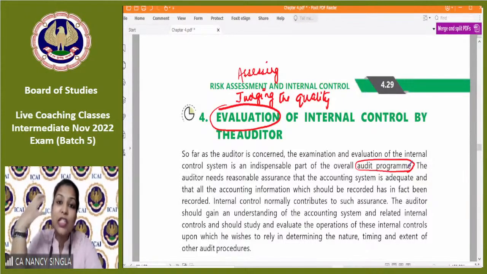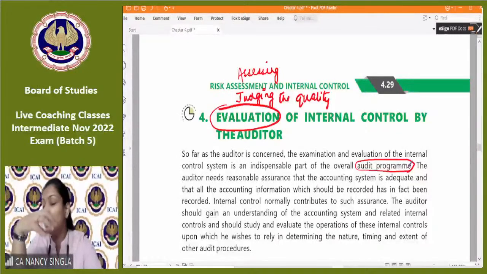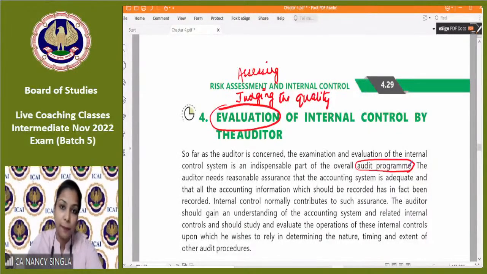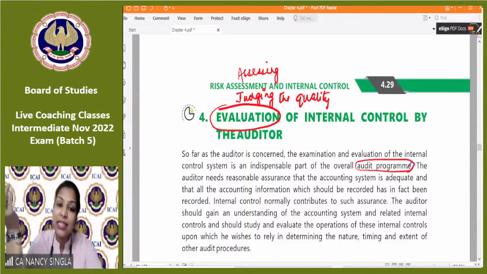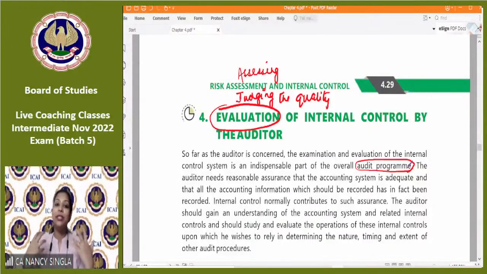Once he has obtained an understanding of the internal control, he will be able to make such an assessment. Until now we have understood the design and implementation. Now we are understanding the quality of the internal control. Once the auditor has understood the quality, he is in a position to determine the nature, timing, and extent of the audit procedures. Students, many of you have answered audit program correctly.